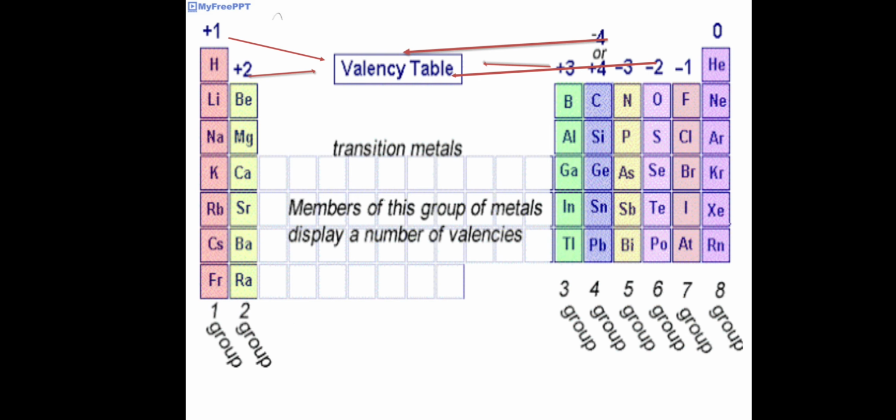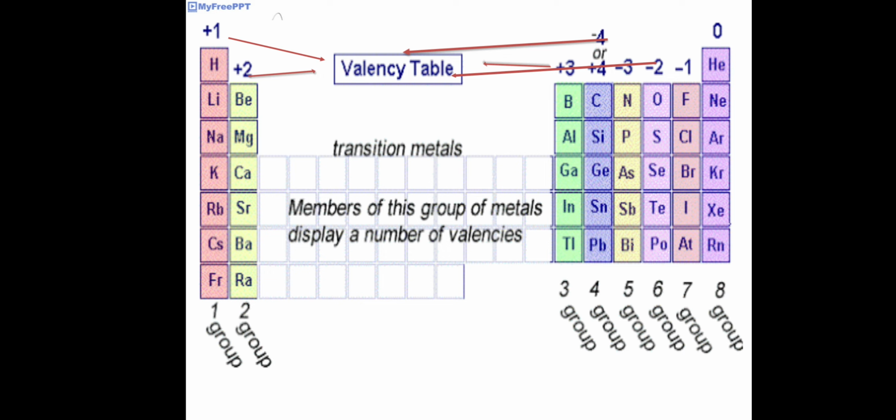Next, as I said a while ago, I will be giving you a summarization of how you can indicate the valence number of each element. As you can see here, we put the upper numbers, like for example 1, 2, 3, and 4, 3, 2, 1. That is the valence number of each element. Each element in a certain group has a valence number, for example 1 from hydrogen to francium.